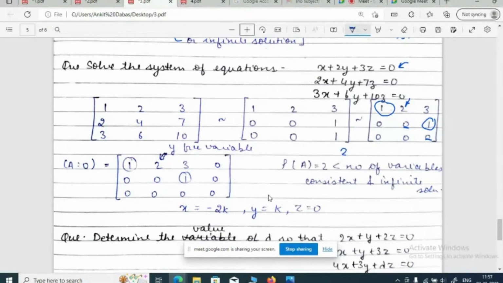So from here the equations will be x plus 2y plus 3z is equal to 0 and z is equal to 0. Y can be considered as any scalar k. From here we can compute x is equal to minus 3z minus 2y. Z is 0, so the solution is x is equal to minus 2k, y is equal to k, and z is equal to 0.